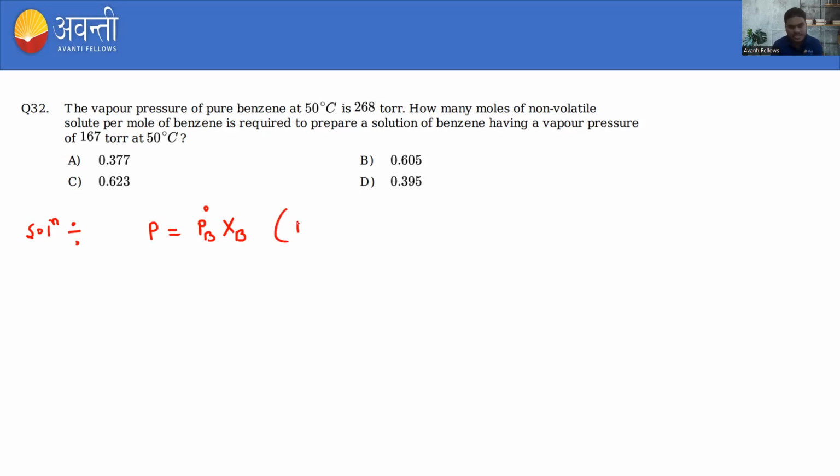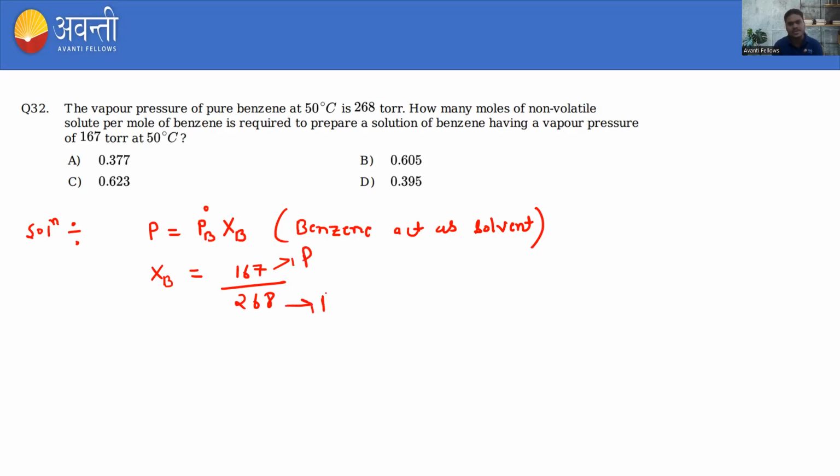Always remember, benzene acts as solvent. Now how will you find XB? XB is equal to 167 divided by 268, because the values are given. XB is equal to P upon P naught B, and this is P, and this is P naught B. So the values are already given, and XB comes out to be 0.623.